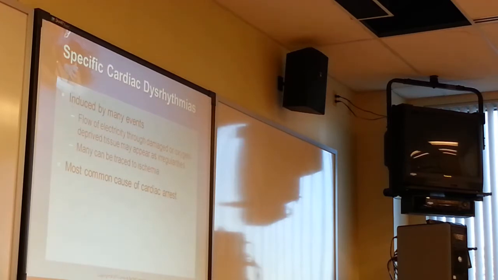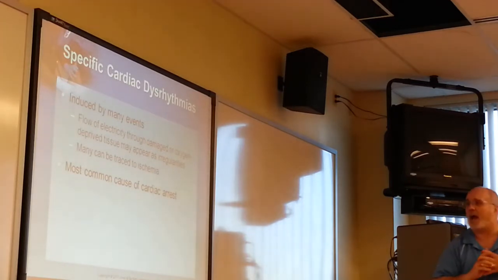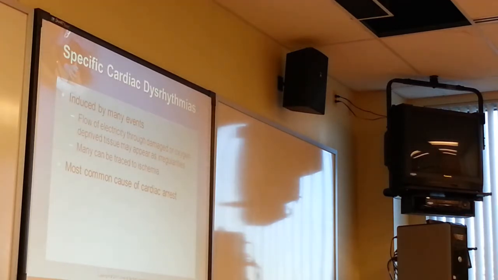Now we're going to go over what's not. The flow of electricity through damaged or oxygen-deprived tissues may appear as irregularities. Many can be traced back to ischemia, the most common cause of cardiac arrest.